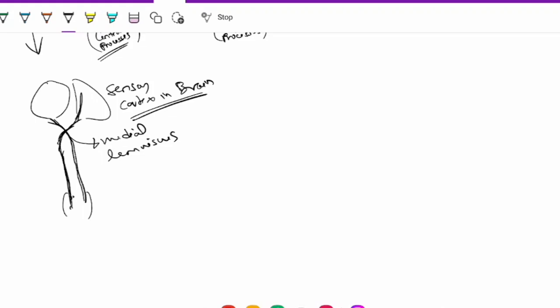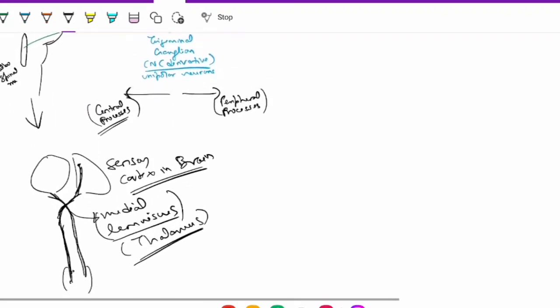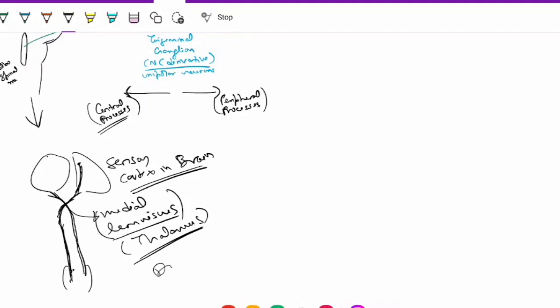They are going to cross over, forming the medial lemniscus, at the level of thalamus, and then they go to the sensory cortex in brain where the sensations are perceived. So this is your sensory tract, also known as dorsal trigeminothalamic tract.